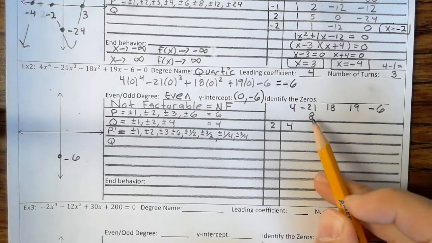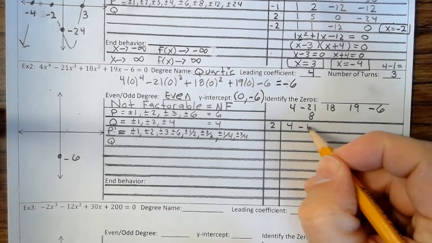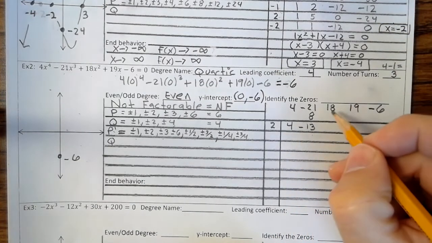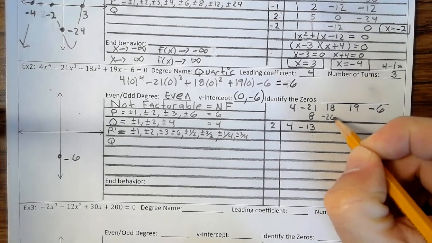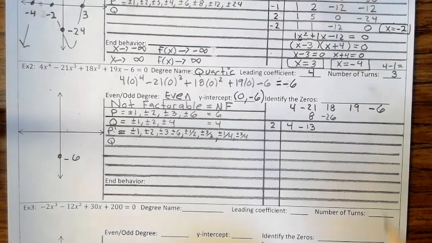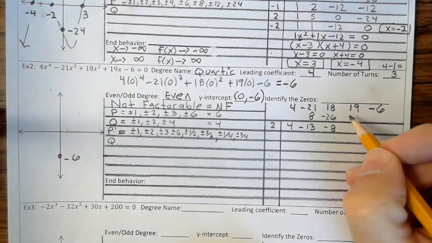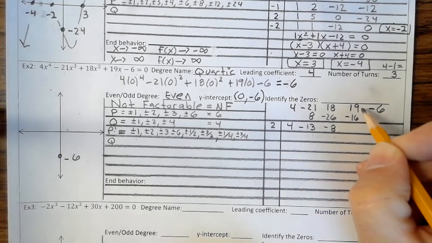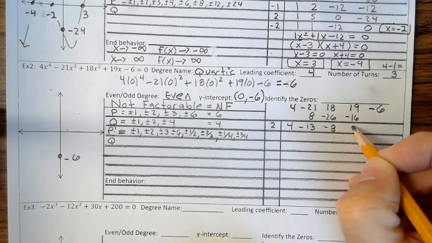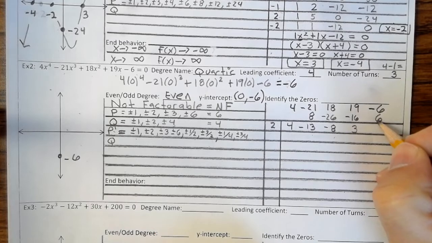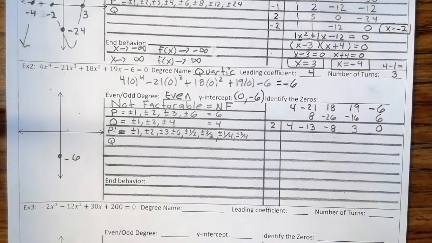Negative 21 and 8 is negative 13. 2 times negative 13 is negative 26, which gives negative 8. 2 times negative 8 is negative 16. 19 minus 16 is 3. 2 times 3 is 6. So we have a remainder of 0. Okay.